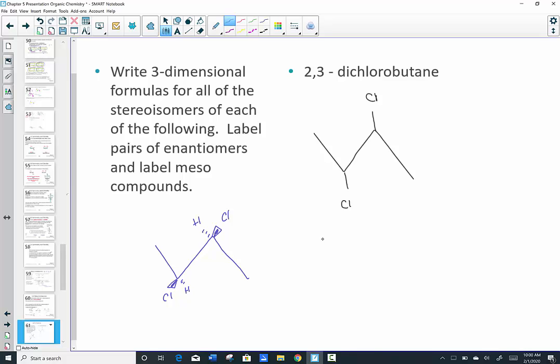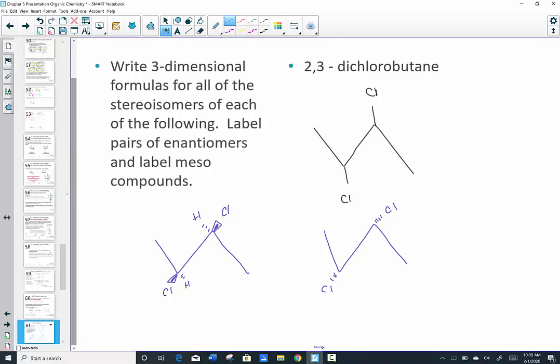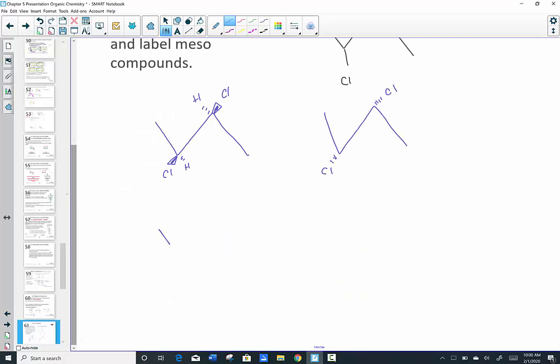When we draw its mirror image, I'm going to flip the dashes to become wedges. Here's a chlorine. Here's a chlorine. Alrighty. Now, I'm going to flip just one of those, and let's keep this guy a wedge, but let's make this guy the dash.